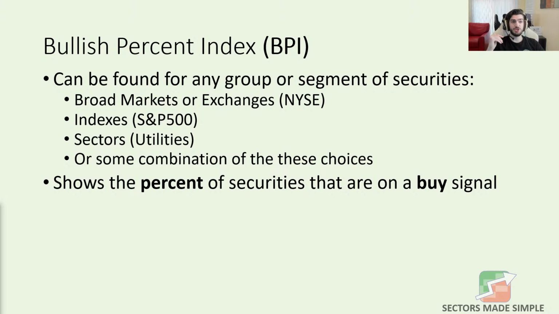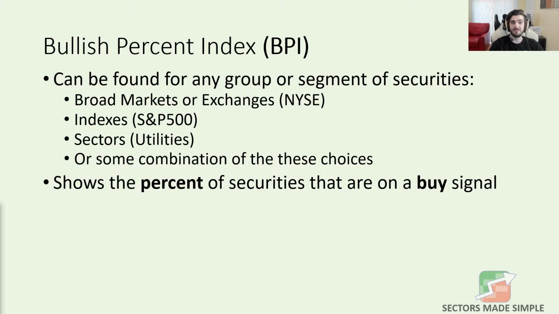Because this percent changes, where if more companies go on buy signals, the percent goes up, and if companies start going on sell signals, that percent goes down, we can track these changes in BPI over time.